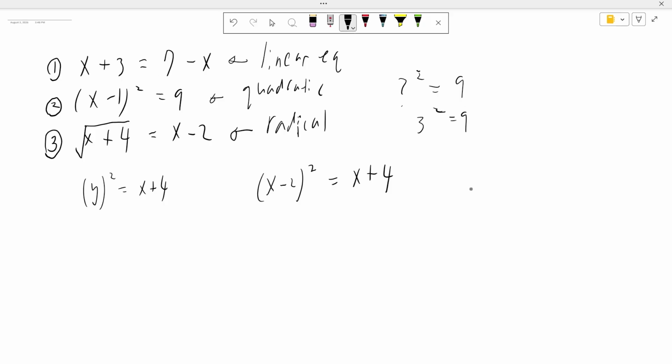So this gives us a way to think about this equation in a more simplified way, because 3 squared is equal to 9, in the context of this specific equation, it would mean x minus 1 would equal 3, and then we can solve for x that way, right?